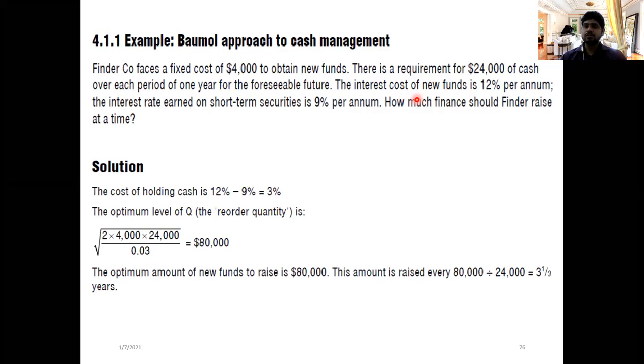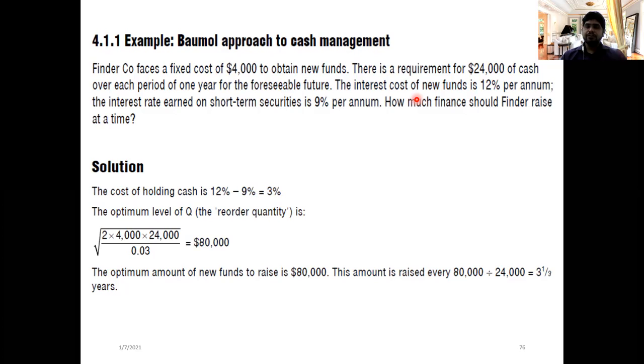So the holding opportunity cost is 12% minus 9%, which is 3%. When you keep money in your hand, you lose 3%. So we have already calculated the cost of holding cash, which is 3%.